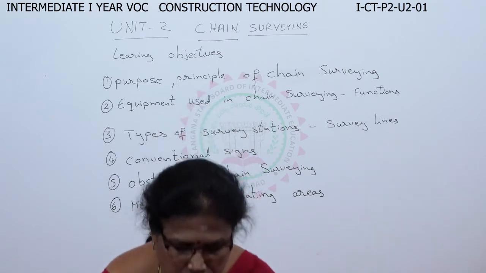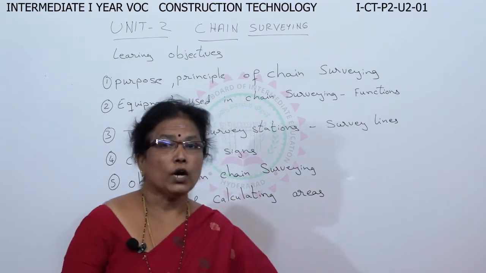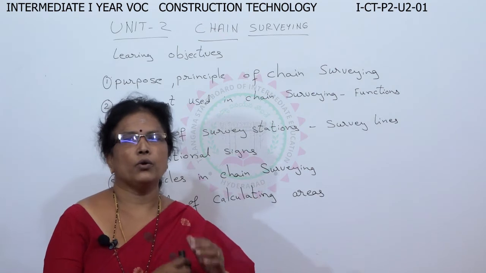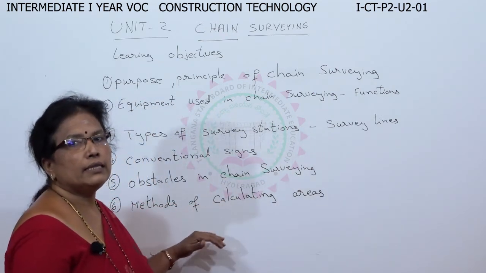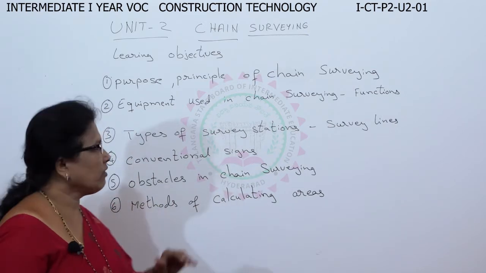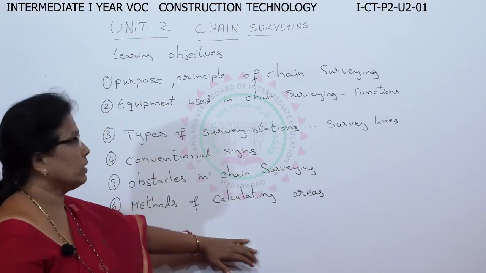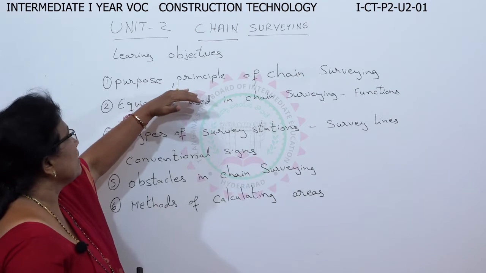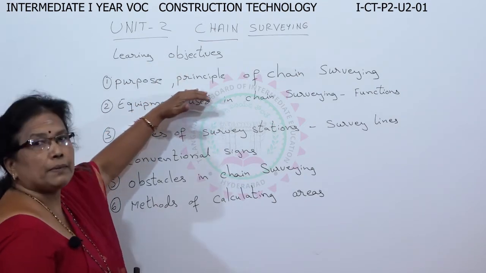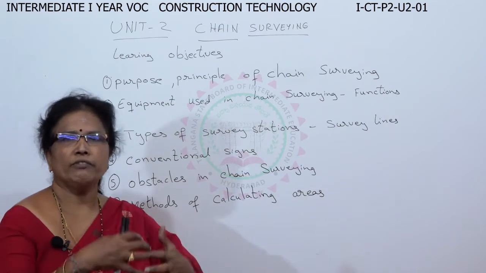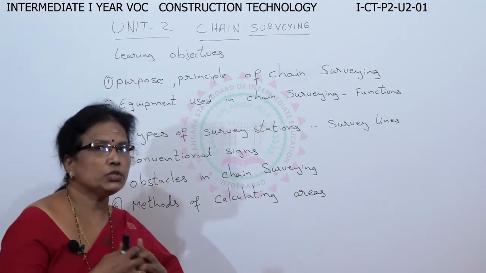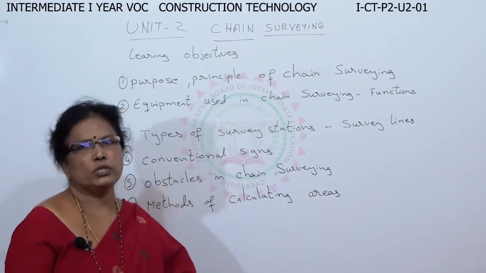Now, I'll tell you the main things we are going to cover in this chapter. By the end of this chapter, we are going to cover all these points. First, the purpose and principle of chain survey. Means what is the purpose? Actually, why are we using this chain? In what situations are we going to use this chain?